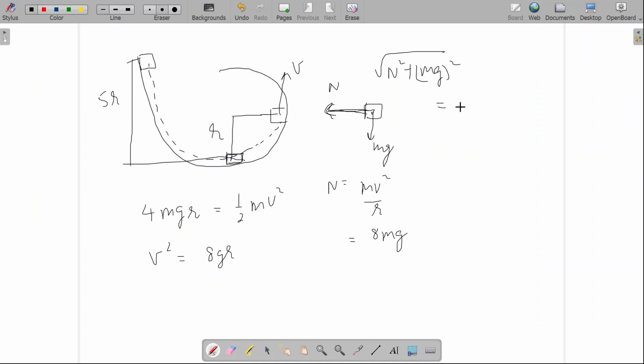So this would come out to be square root 65 into mg. So this would be the net force acting on the block.